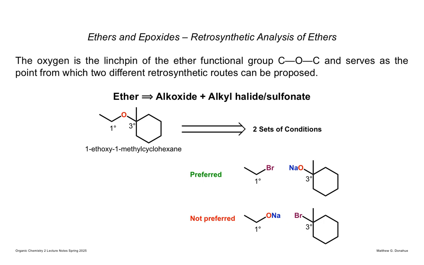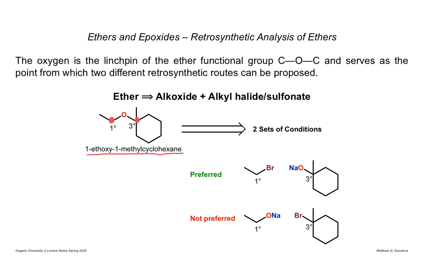So we saw a reaction to make an ether already, but what's the strategy that we want to think about if we're given this product with an ether? How do we want to think about the 2 different C-O bonds? In this example of 1-ethoxy-1-methylcyclohexane, we have the 2 carbon atoms bonded to oxygen. So really what you're doing is classifying them as alcohols. One of them would be primary, the other would be tertiary.